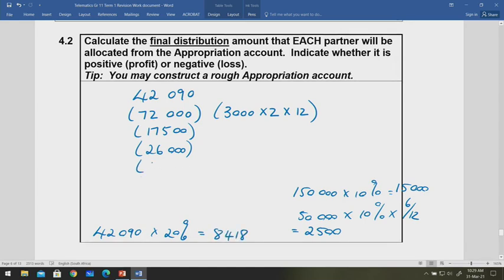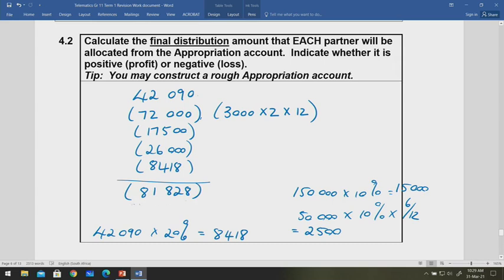So that is the bonus. And if we do that calculation, then when we've done the salaries, we've realized that they're going to share in a loss, because the net profit was 42,000 and already the salaries to be deducted from that is more.